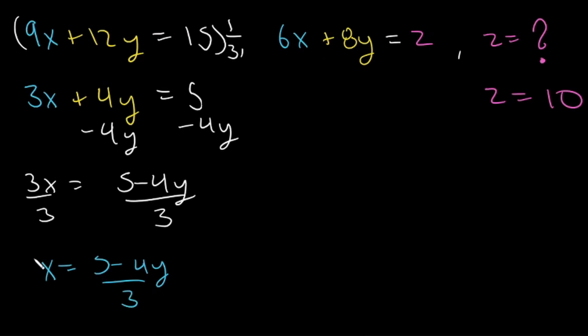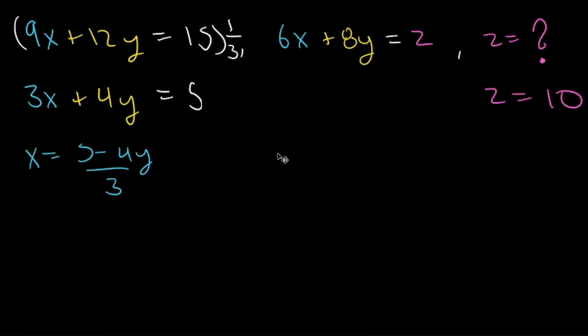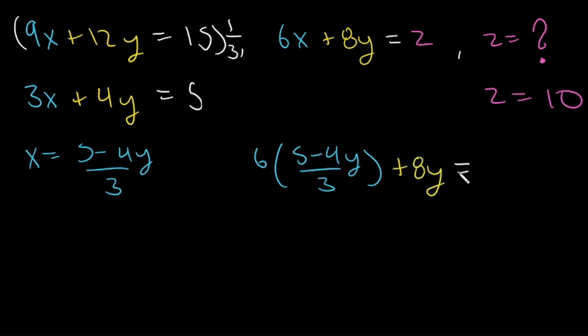Now we can plug this value for x into 6x plus 8y. We have 6 multiplied by 5 minus 4y divided by 3, and then we add 8y, and that's going to be equal to z.